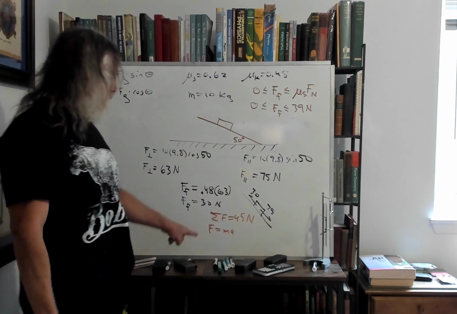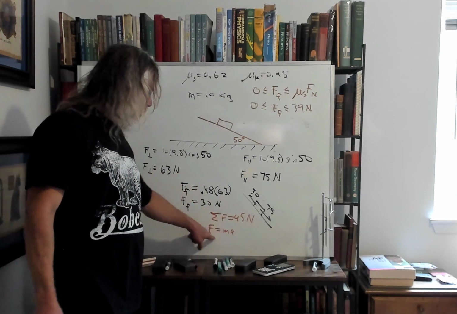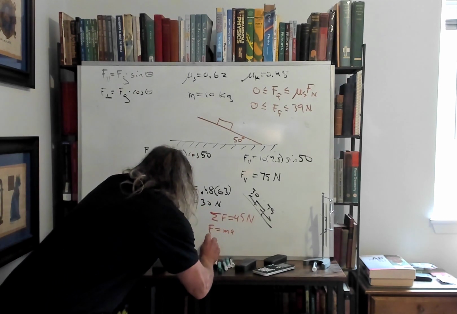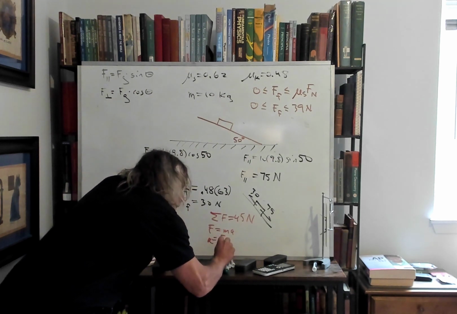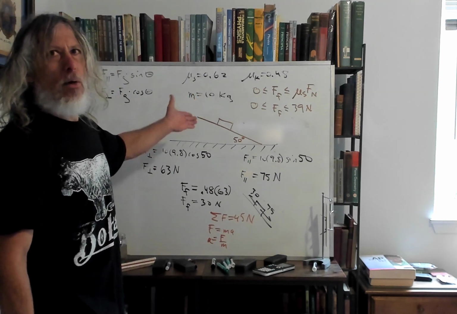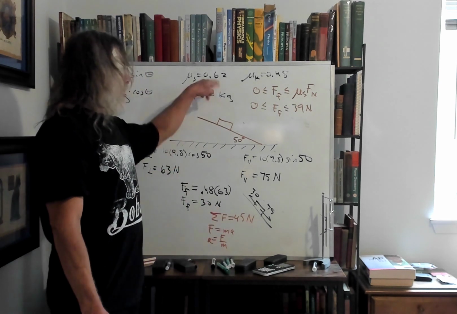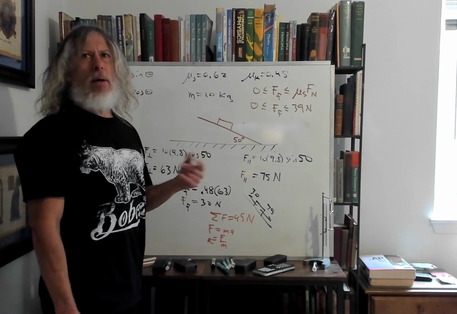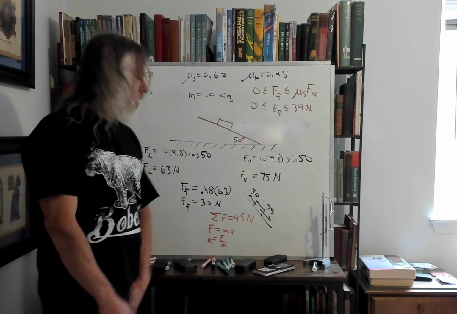And then 45 is 10 times something. We divide by m. A equals F over m. The acceleration of the oak block on the oak 2x4 is going to be 45 divided by 10, which is 4.5 meters per second squared. And we will do more with that later.